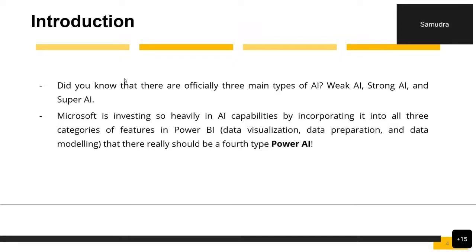So here there are three official main types of AI: weak AI, strong AI, and super AI. Currently Microsoft is investing heavily in AI capabilities, and they are trying to provide this fourth type, Power AI.